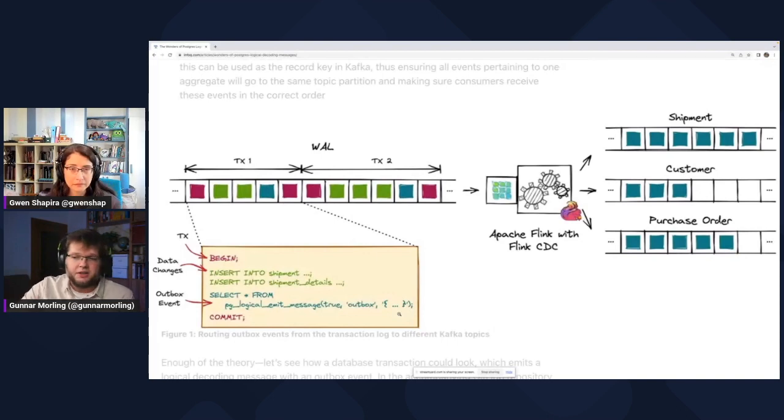Maybe we rename some columns in our tables, and this would then break all those external consumers if we are not careful. So that's why there's this second school of thought, where people say we don't want to capture those tables themselves and expose them as is to the outside world, but we rather want to have a bespoke, separate message contract, which in this case is this outbox table.